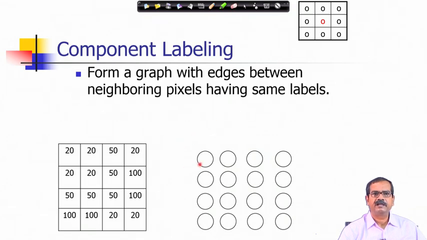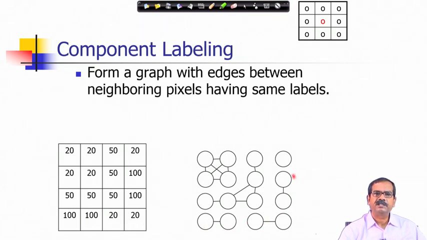You consider every pixel a node of this graph, and you form an edge when the neighbors have the same pixel values. For example, this is 20, 20, 20, 20. You can see that all these pixels form edges among themselves, and similarly we can form edges between 50, 50 and these pixels in this form, and also for 100, 100 this is the edge. In another case, this 20, 20 forms an edge, and 100, 100 another edge.